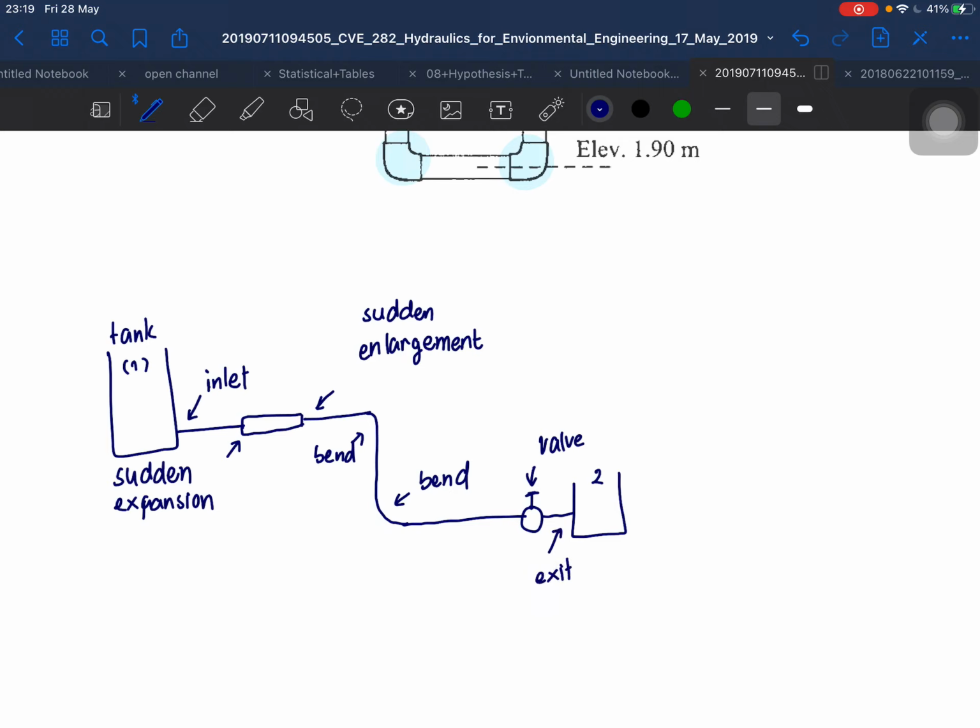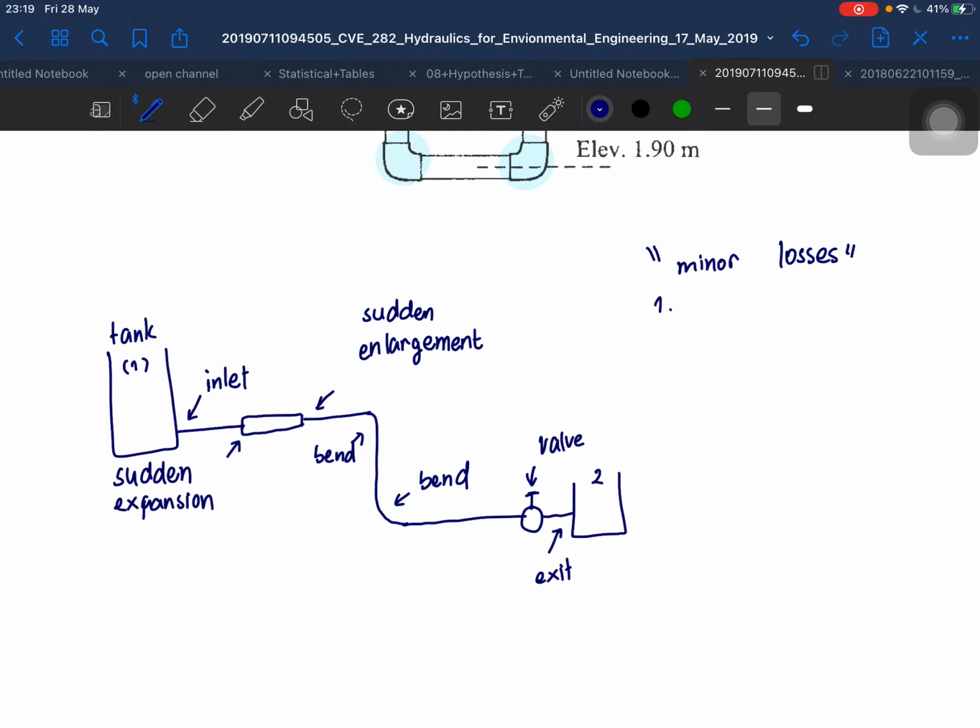Now we know all the things we need to consider. It's basically called the minor losses, and it is normally categorized into 6 main parts.